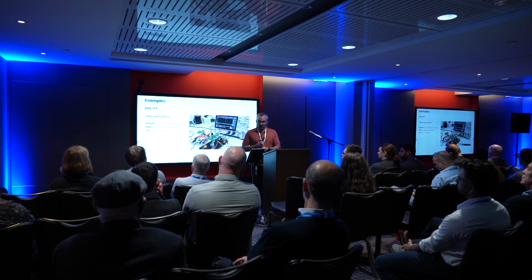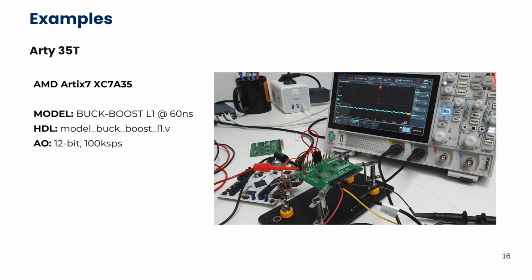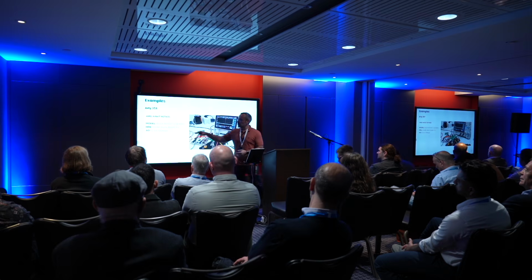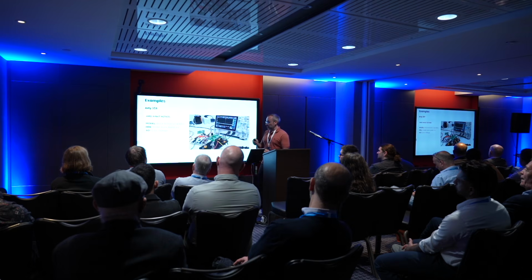Okay, I want to show you some examples of these models working. In this case, we have the Board RT35T, which is based on an AMD Artix-7. And here you will see the buck-boost model, a level 1 buck-boost model running at 60 nanoseconds. In this case, the analog output I use is 12-bit, 100 kilosamples per second.